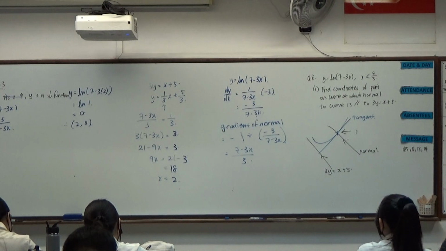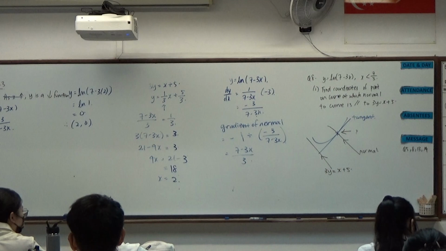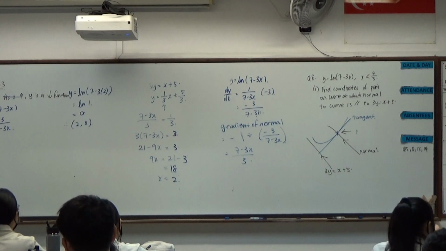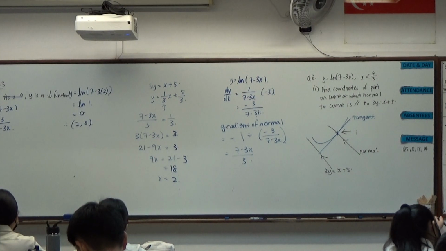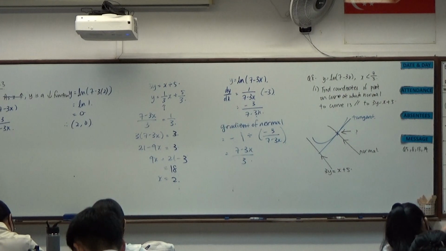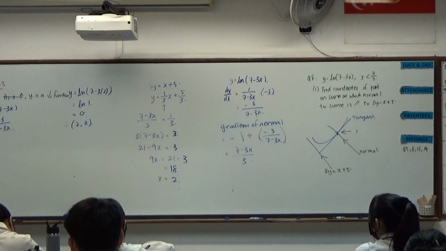In order to show that it's negative, it's not just because there's already a negative sign here, but we need to show that 7 minus 3x is going to be positive, because only when negative is divided by positive will we get an overall negative. So given that x is less than 7 over 3, we manipulate it towards 7 minus 3x.